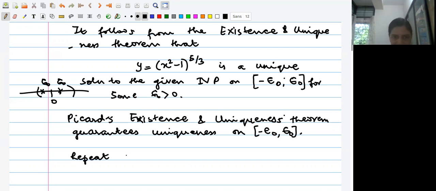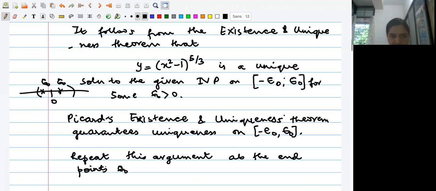What do I mean by repeat this argument? Meaning apply Picard's existence and uniqueness theorem one more time at the endpoints epsilon naught and minus epsilon naught.